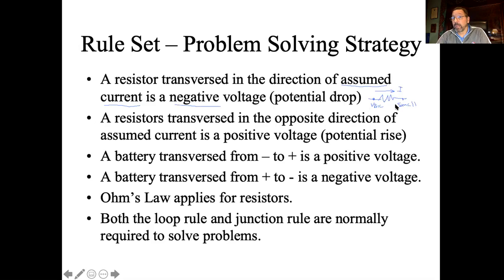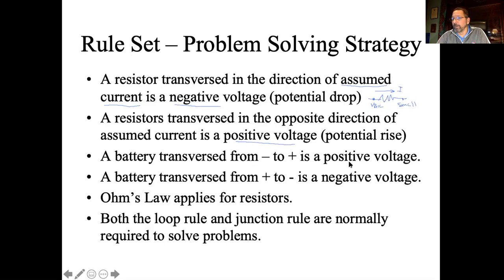On the other hand, you may say, well, why would you ever do this? You'll see problems where you need to. If you're going around a loop and you're tracing the loop around and you find yourself going into the face of current, so charge is moving towards you, well, now you're going from small to big, and you get a positive voltage when you traverse that way.